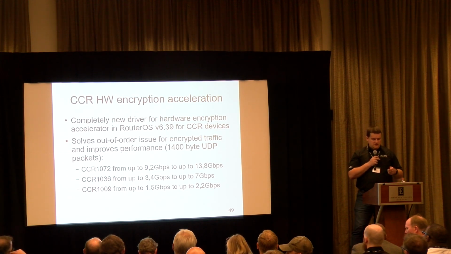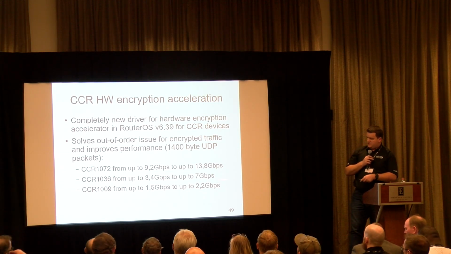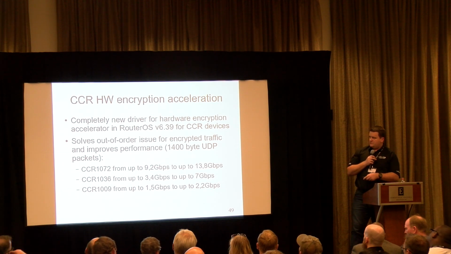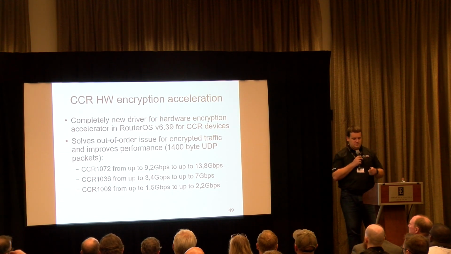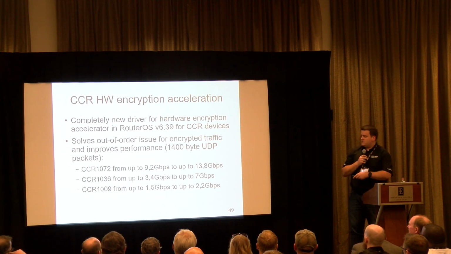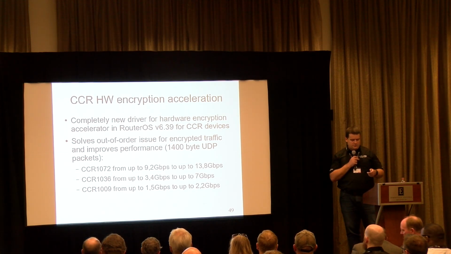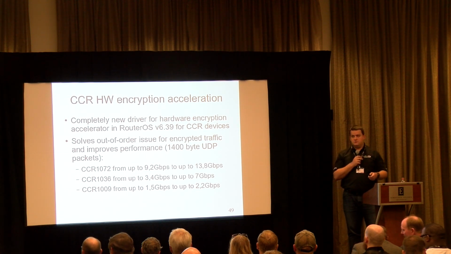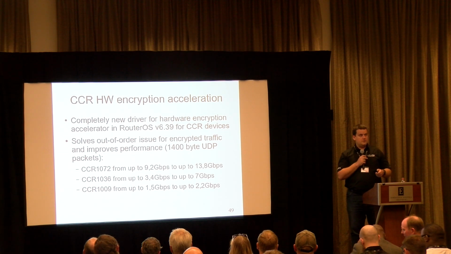Now in 6.39, with our own driver, we actually get these speed increases on the devices. And this is done without fragmentation. In my previous presentation I told you that fragmentation is the root of all evil, after Masquerade, of course. So here you go, the increased numbers. I hope I will encourage you to use the latest RouterOS versions.